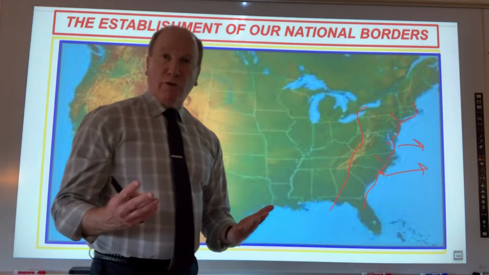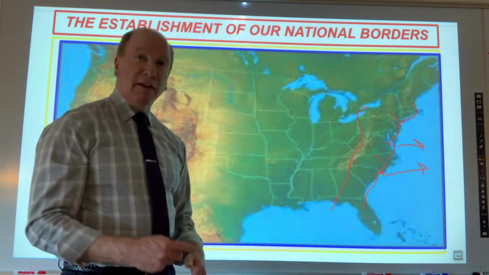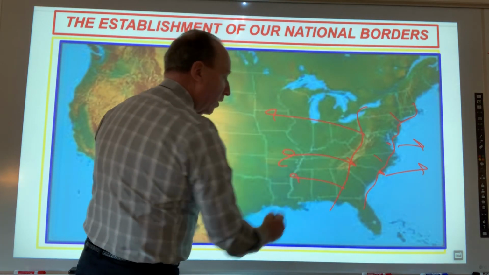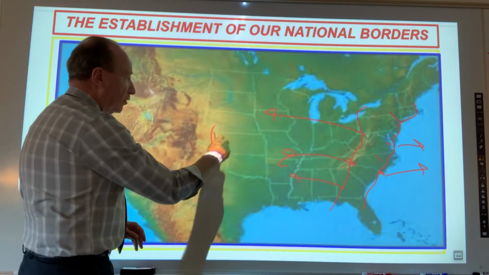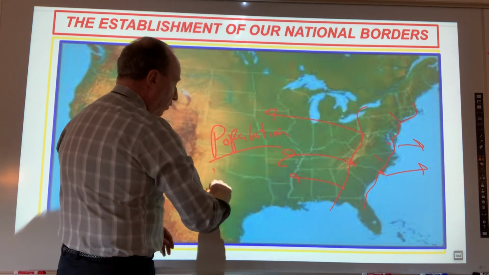We needed the trade, of course, of industrial goods, agricultural goods to produce the money to expand westward. We wanted area for our population to expand. We wanted our resources.